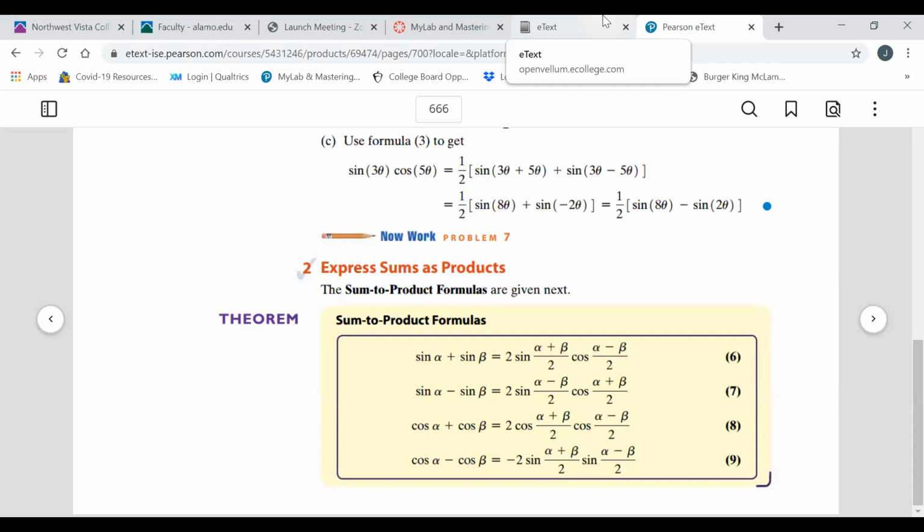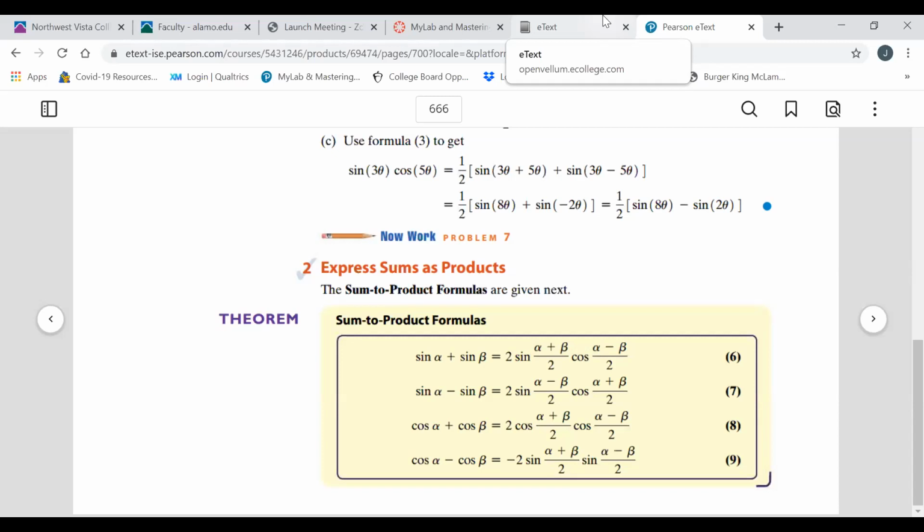Cosine alpha minus cosine beta equals negative 2 sine, big parentheses, alpha plus beta divided by 2, times sine, alpha minus beta divided by 2.